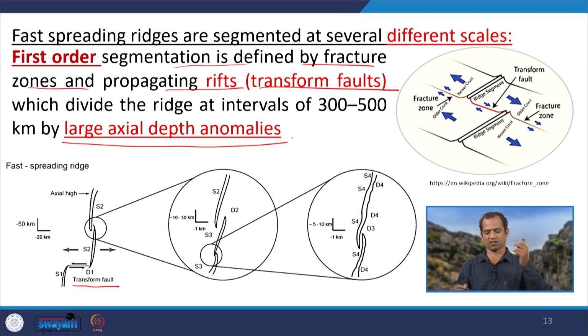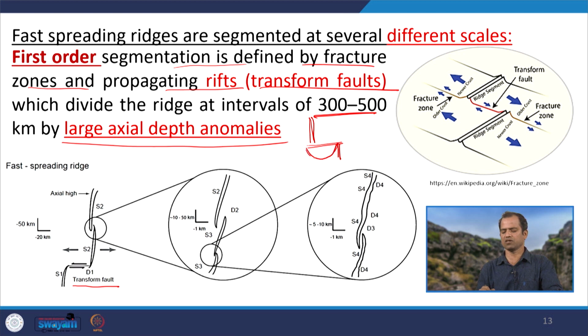That means, if you take a cross section here, we have a ridge here and we have a transform fault here. This is the first order discontinuity and this is the ridge segment again. So, here its length is about 300 to 500 kilometer, and this axial depth anomaly is high. We have axial depth, that means in the z direction or the z dimension it is high.